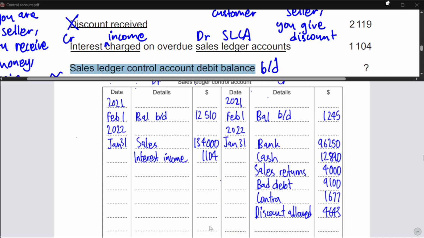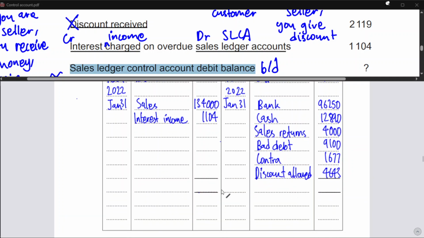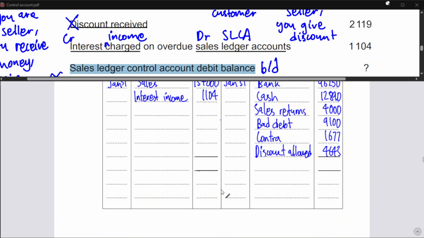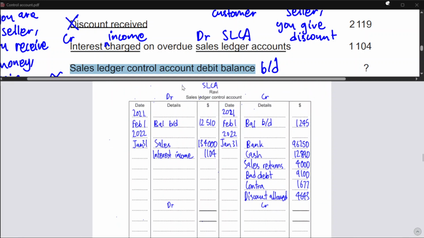Okay. So what it means is actually after you balance the account, right? This whole account, left hand side is debit, right hand side is credit.